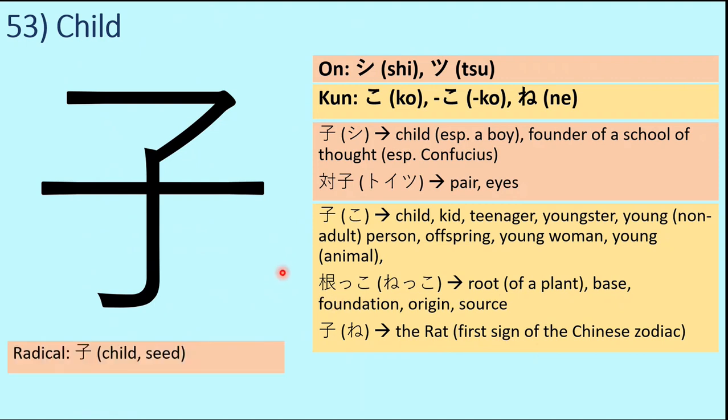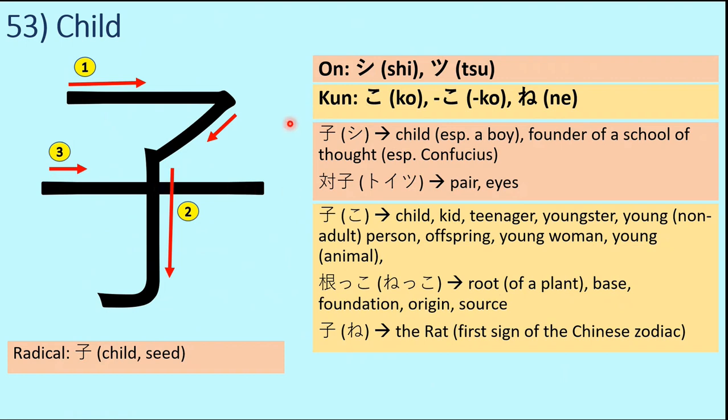So this is ko for you, and it is a radical in itself. So there will be no further parts of this character. This is the child or the seed radical. Now this is the stroke order. This is the first stroke like this. This is the second stroke up till here, and finally the third stroke.